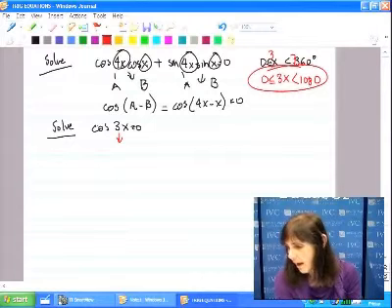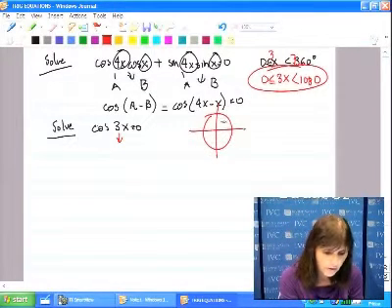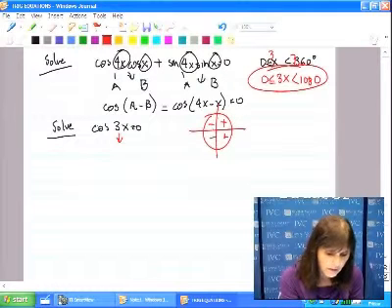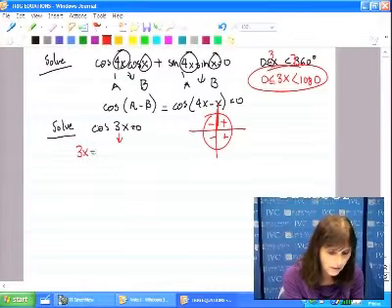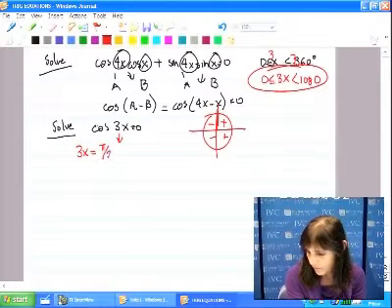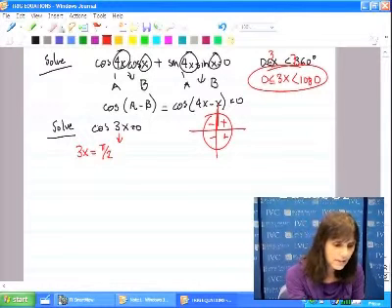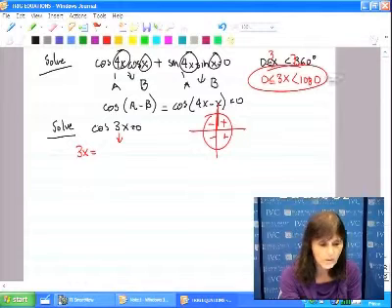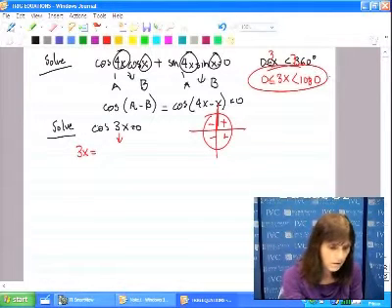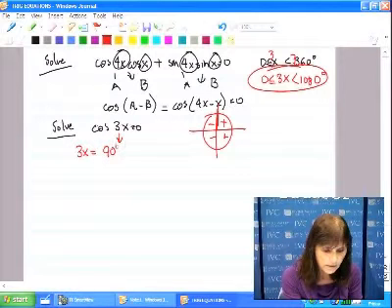I know that the first cosine that will give me 0, so this is positive here, is this one. So I know my 3x is pi over 2. That's the first one. Let's do it in degrees, because this is given in degrees. So the first one is 90 degrees.